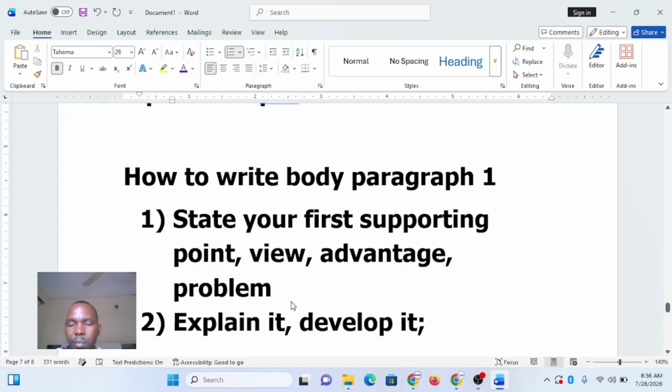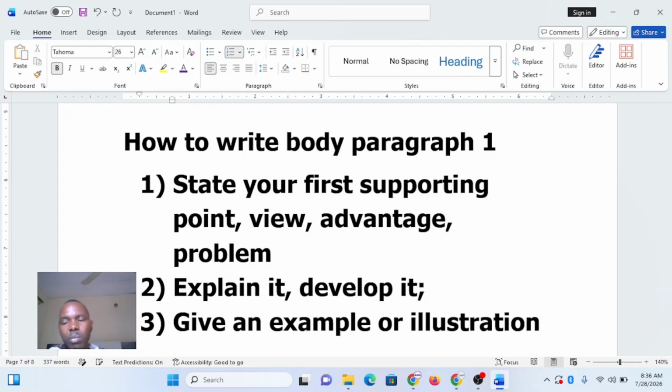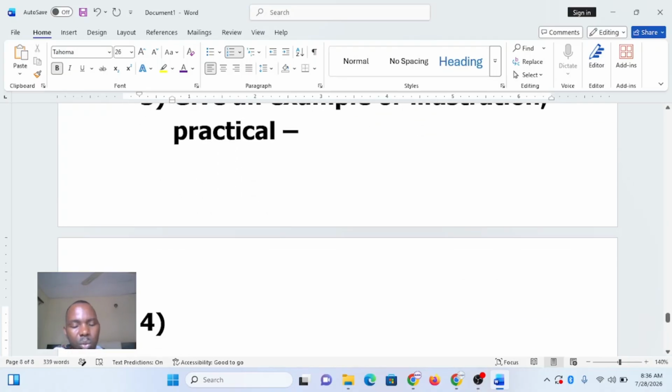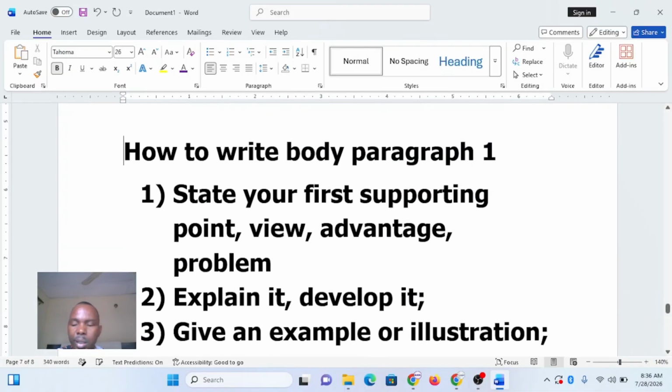Then the third thing you will be doing, give an example or illustration. Try to make your example very practical, because it strengthens your score. And then the last one is to summarize it. You sum up the point.